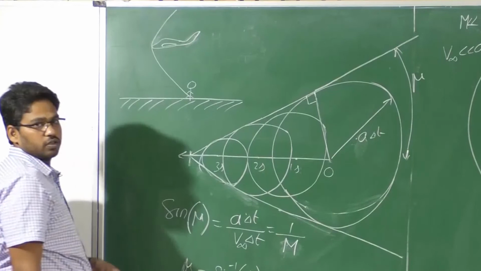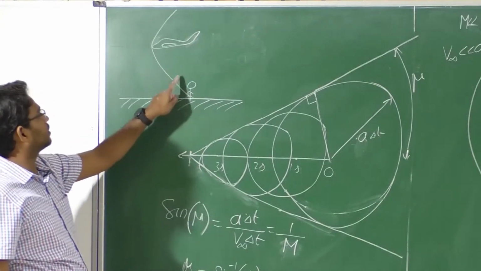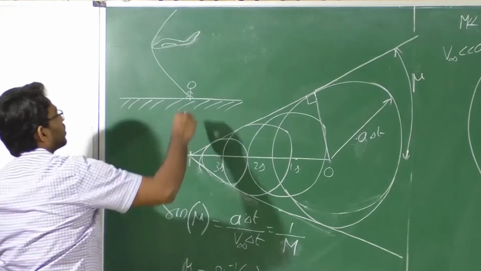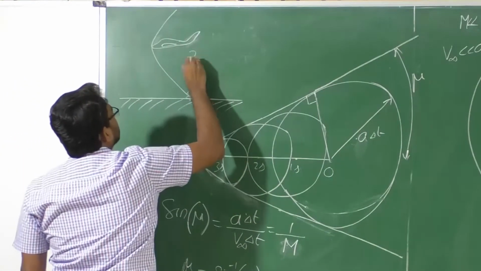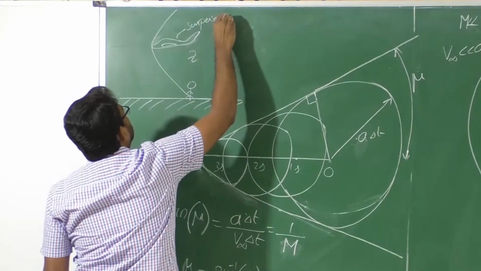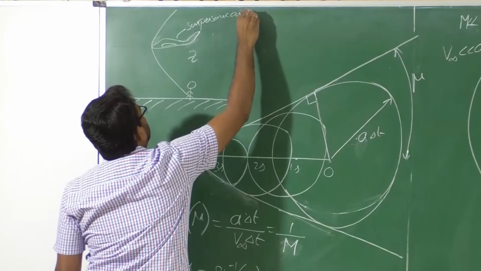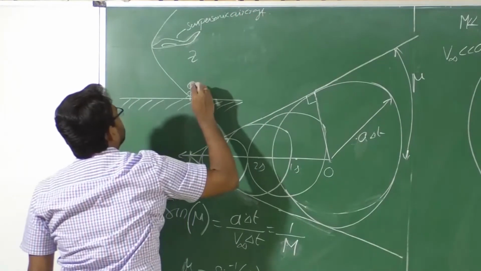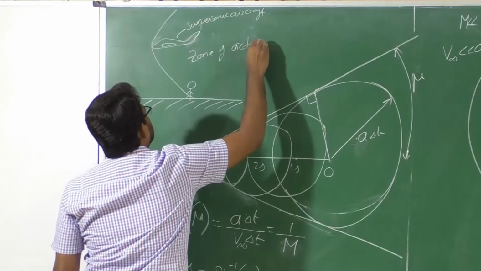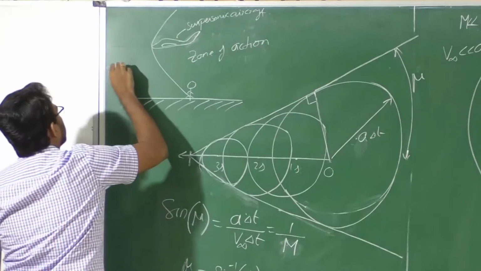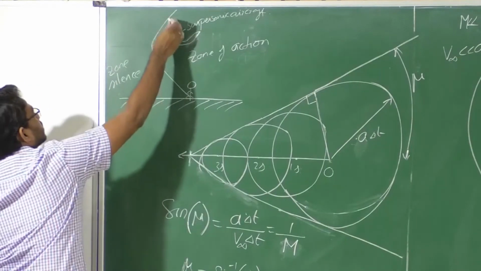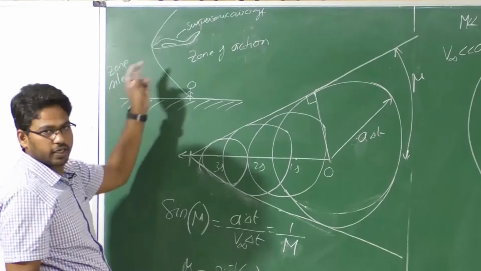By the time he hears it, the aircraft has already passed him. So this is a supersonic aircraft, let us say. This is called the zone of action, and this is called the zone of silence, where there is no disturbance. The disturbance is not propagating ahead of this.